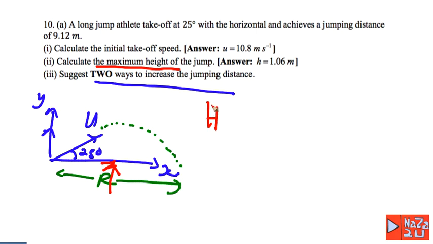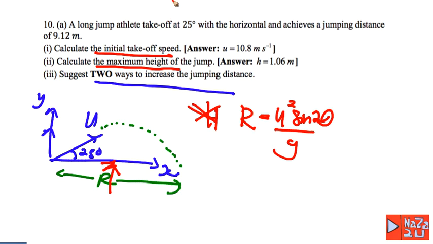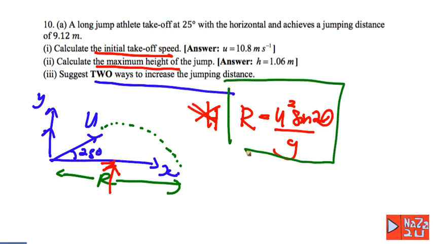We use the equation for the takeoff speed: range is equal to u squared sine 2 theta divided by g.